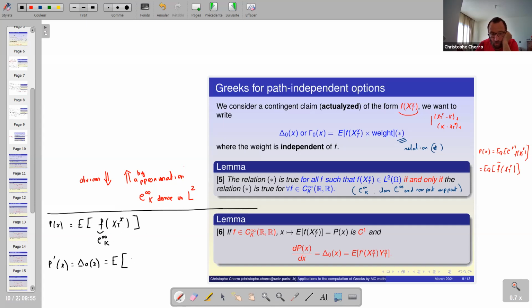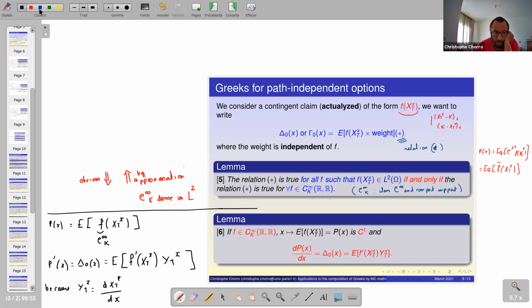I can use the chain rule to obtain f prime of x capital T of small x multiplied by the derivative of this one with respect to small x. But the derivative of x capital T with respect to small x is what I have called the first variation process at capital T. I remind you that Y capital T of x is just the derivative of x capital T of small x with respect to small x.